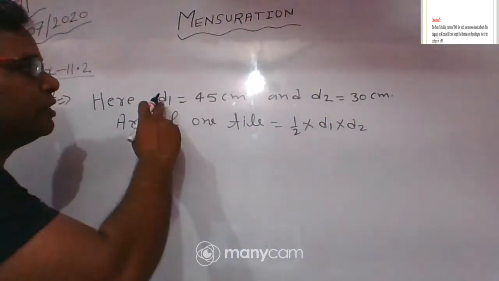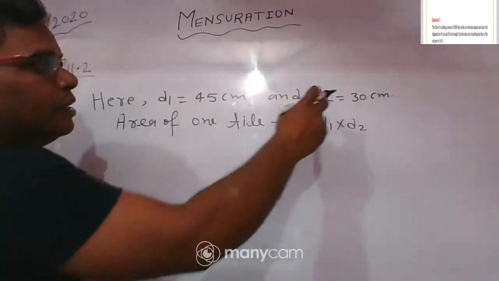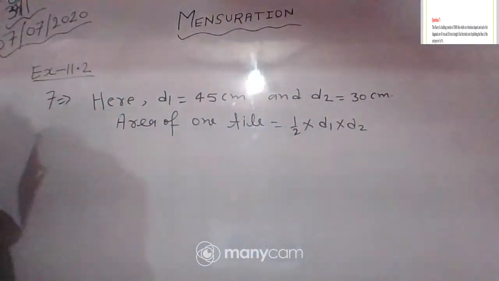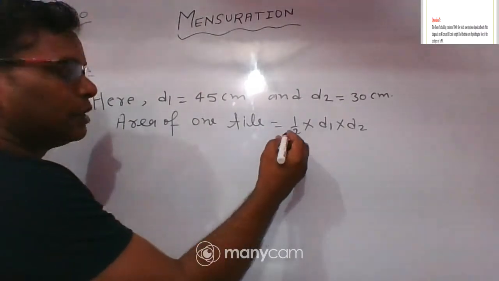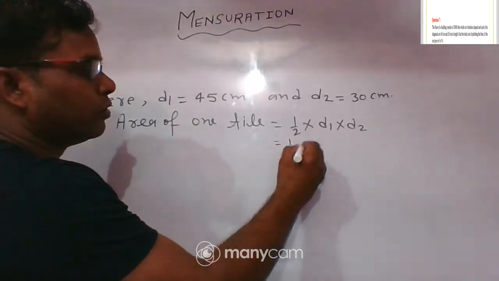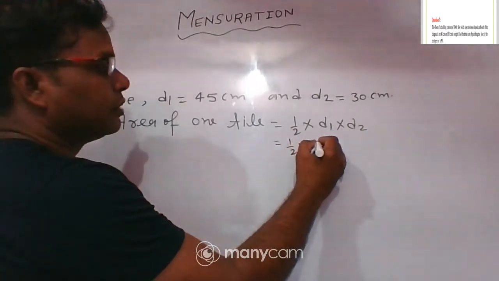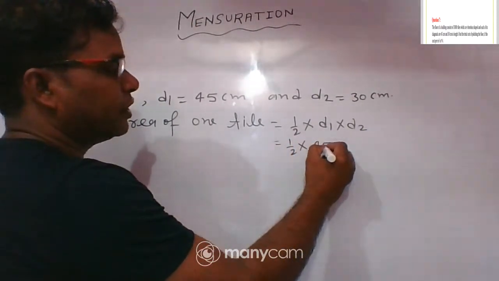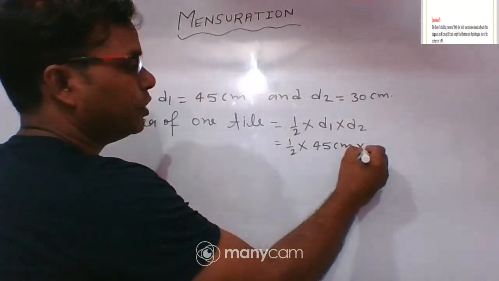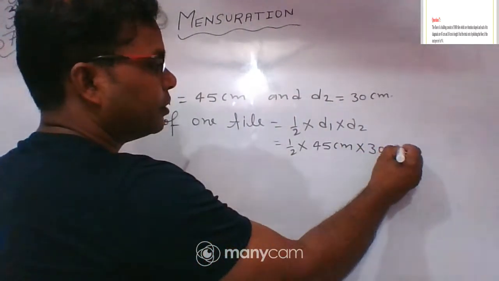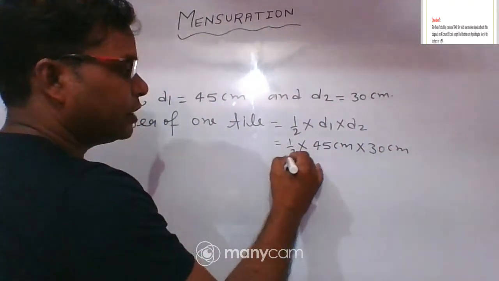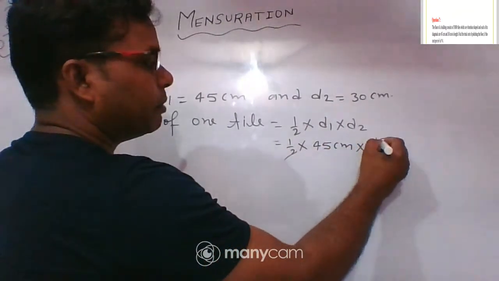So we take d1 as 45 centimeters and d2 as 30 centimeters. Clear? So put in the values: 1 by 2 into 45 centimeters into 30 centimeters. If we cancel by 2 we obtain 15.